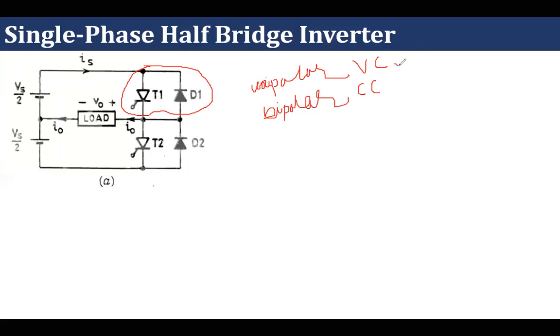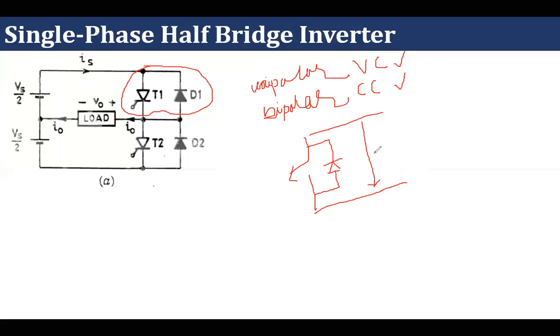This unipolar voltage capability and bipolar current capability can't be achieved with a single semiconductor device. And so we need to use a combination of two devices, and the two devices will provide unipolar voltage capability. It means this combination can hold the voltage.